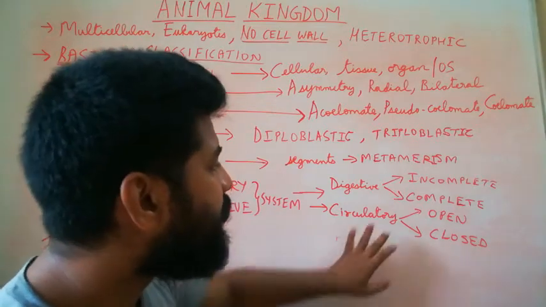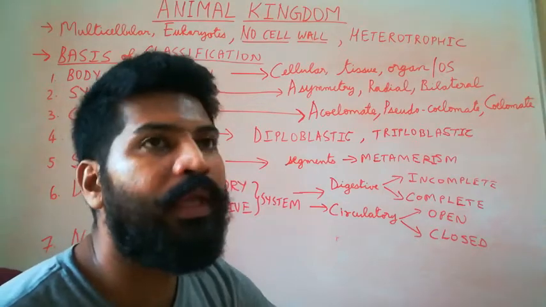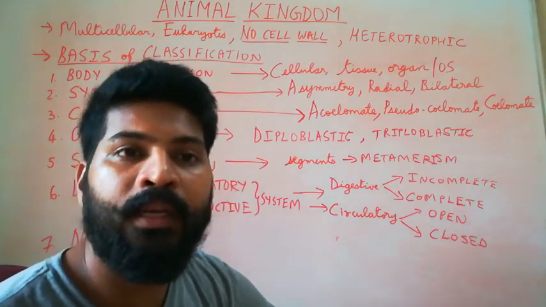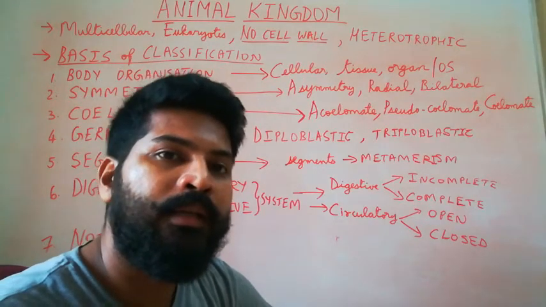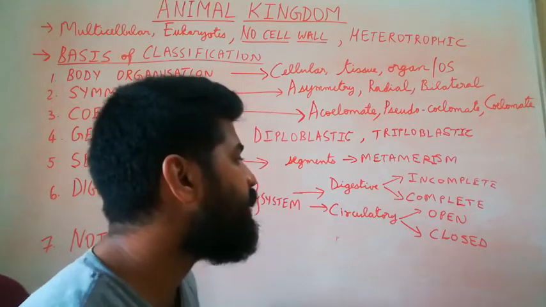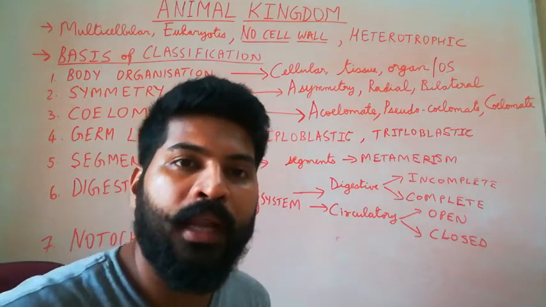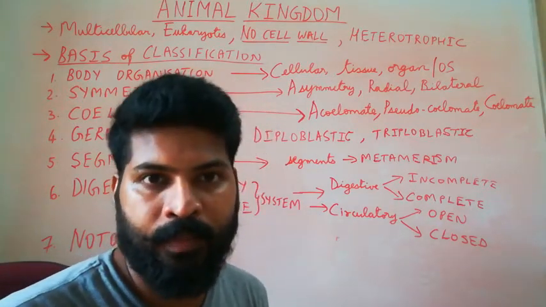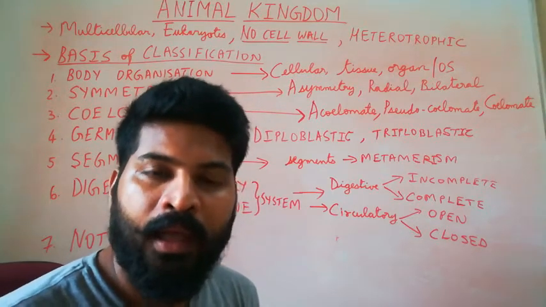Whereas in closed type of circulatory system, which we find in human beings as an example, blood is carried by a specialized closed network of tubes called blood vessels, such as arteries, veins and capillaries.